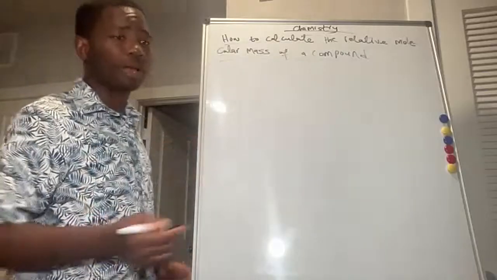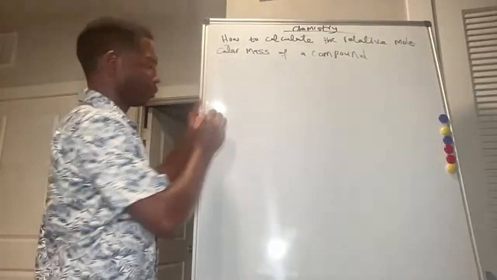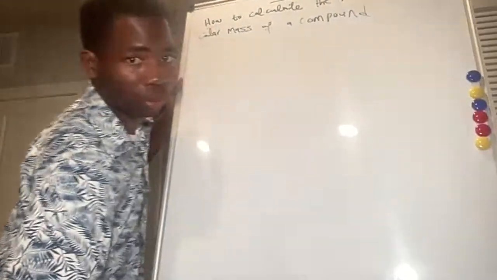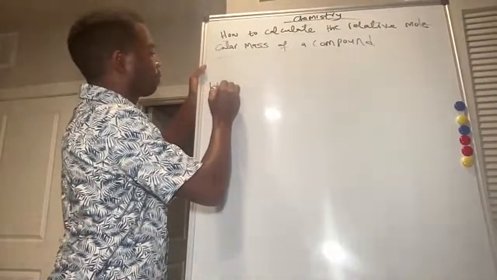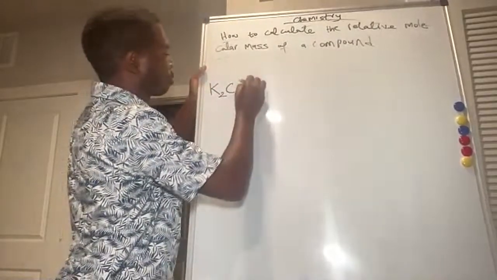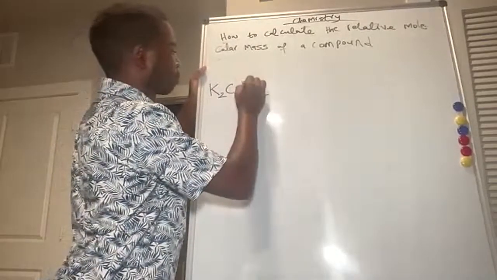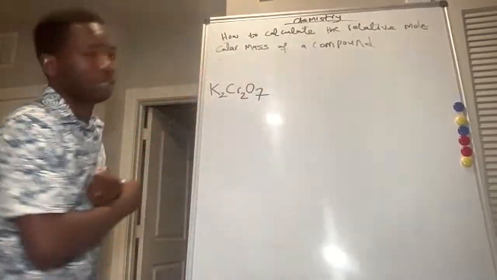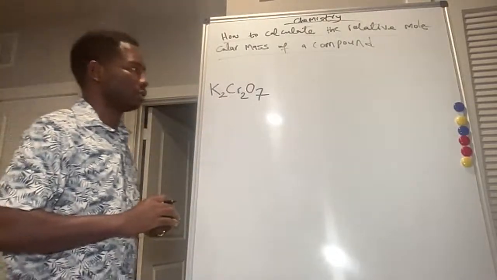So let's look at a compound like potassium heptaoxodichromate(VI). The name of this compound is potassium heptaoxodichromate(VI).